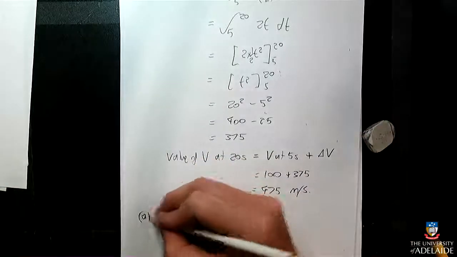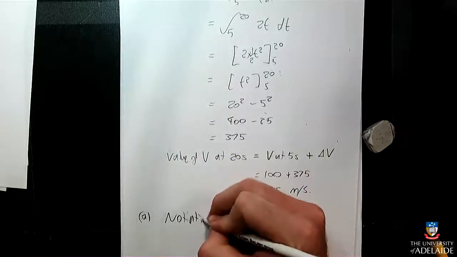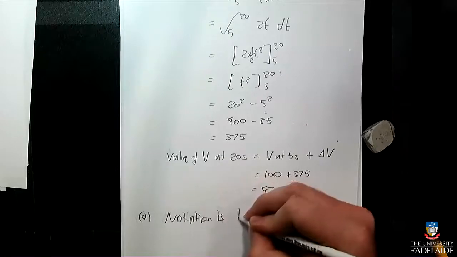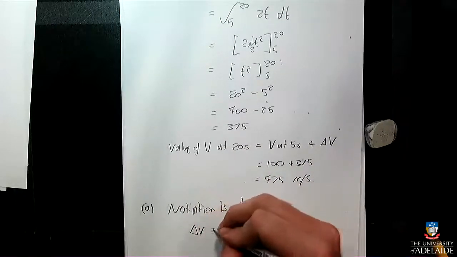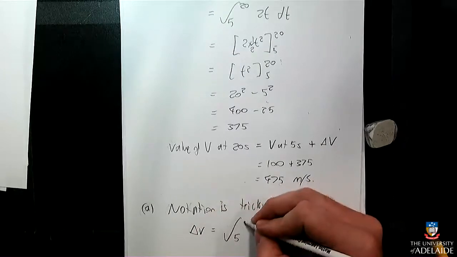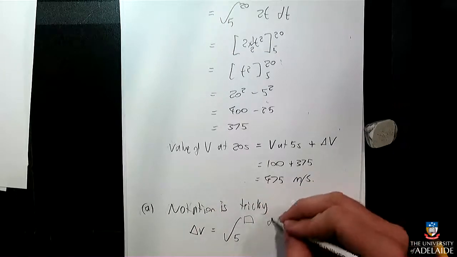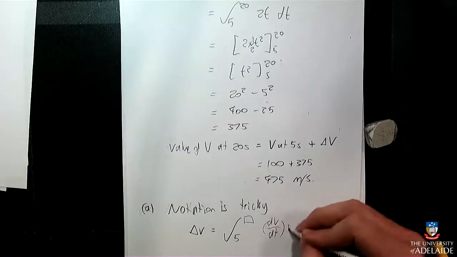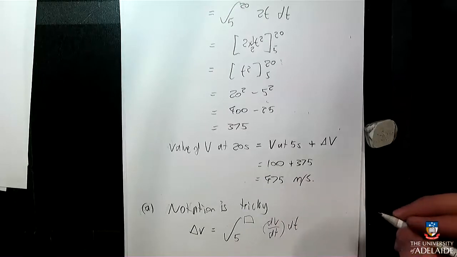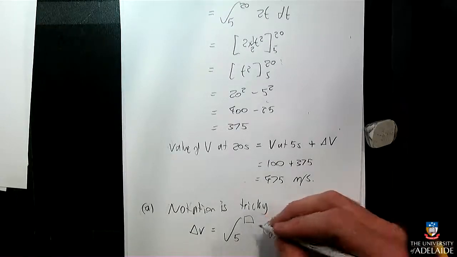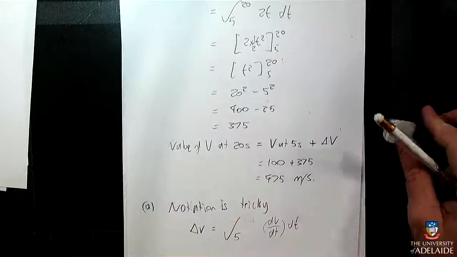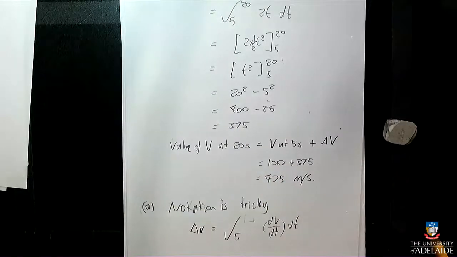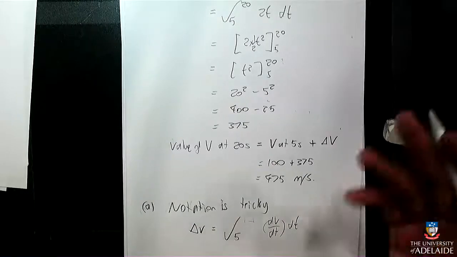And A is, well, the notation's going to be hard. The change in V is going to be from 5 to some unknown time, dv on dt times dt, which I need to put something in that spot. And some people would put a t in that spot, but that makes it a little harder. And so you would often say t at the point you really wanted, which is like t2 or something.